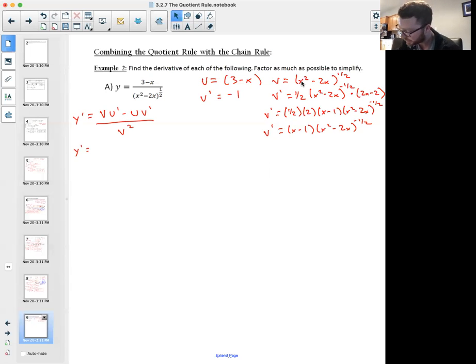So v is x squared minus 2x to the exponent 1 over 2 multiplied by u prime, which is -1, minus u, which is 3 minus x, multiplied by the derivative of v, which is x minus 1 times x squared minus 2x.